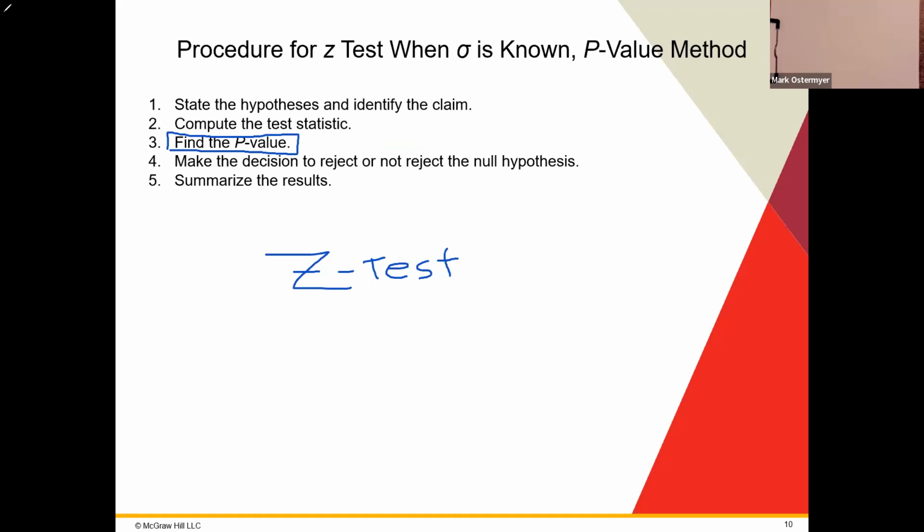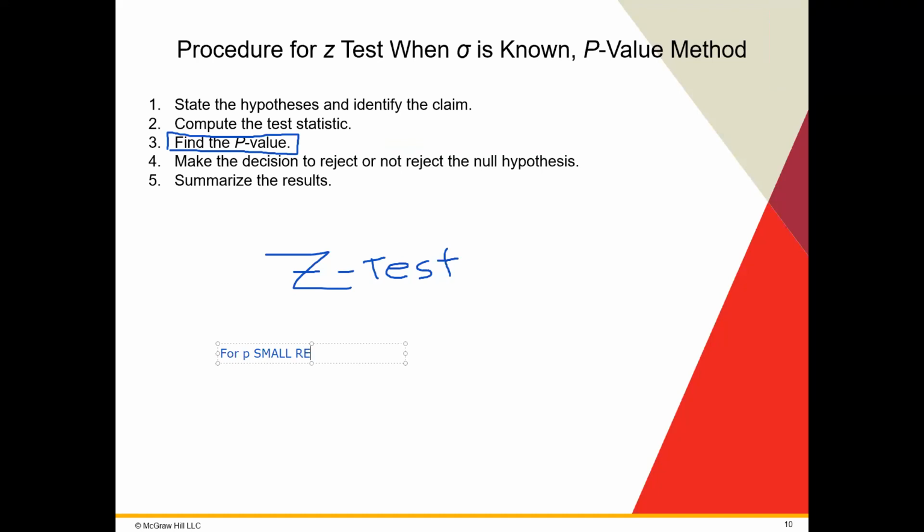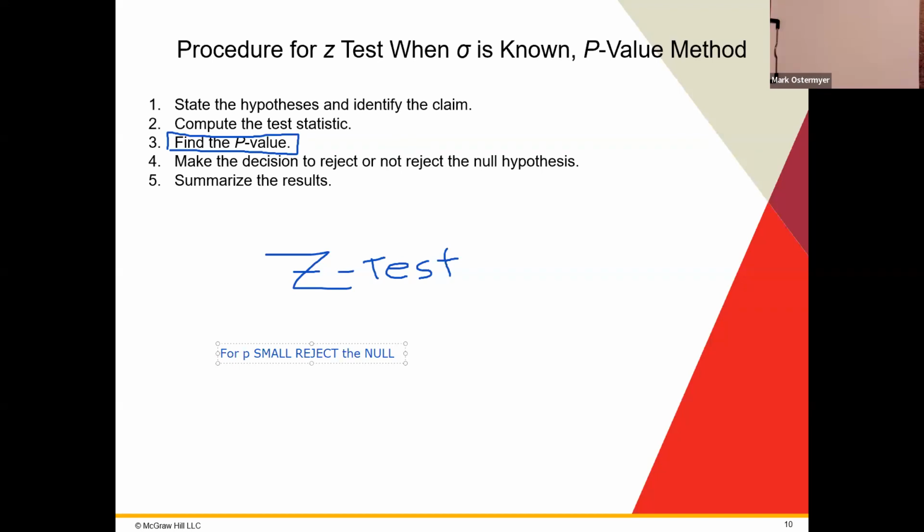Does anybody remember that little rhyming statement with regards to the p-value? It says, for p small, we do what? Reject the null. Do you agree? For p small, reject the null.